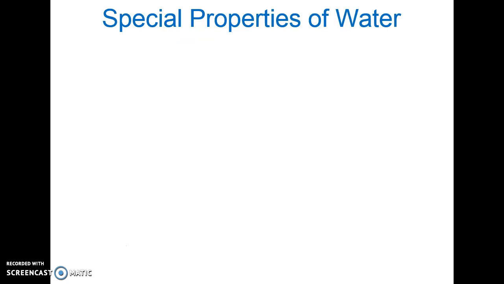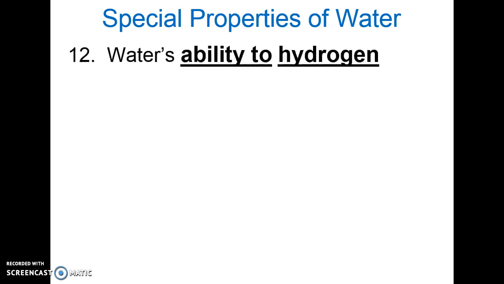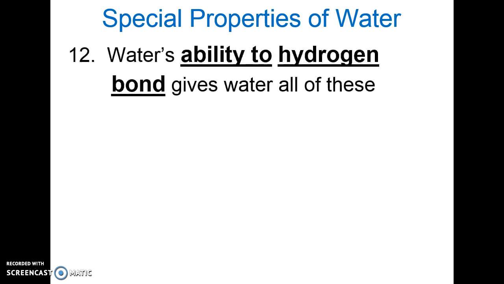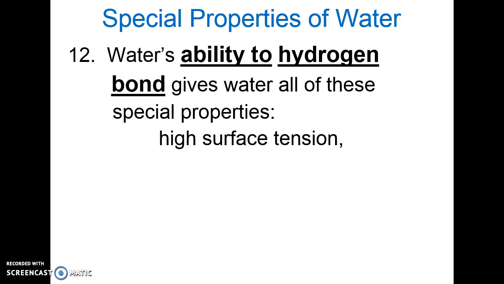All right, so we're on question number 12. Water's ability to hydrogen bond gives water all of these special properties. So anytime I'm asking you why water has any kind of special property, your answer is almost always hydrogen bonding. Water has high surface tension. Why?